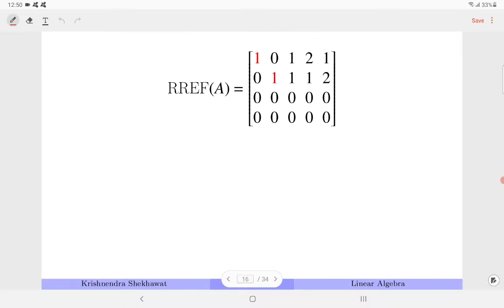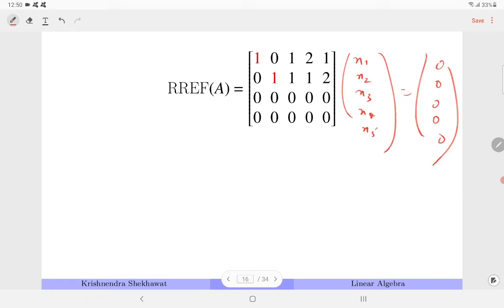So the RREF of this matrix is A, which means that if you write the equivalent system, x1, x2, x3, x4, x5 is equal to 0, 0, 0, 0, 0. So x1 is equal to minus x2 minus 2x3 minus x4, and x2 is equal to minus x3 minus x4 minus 2x5.